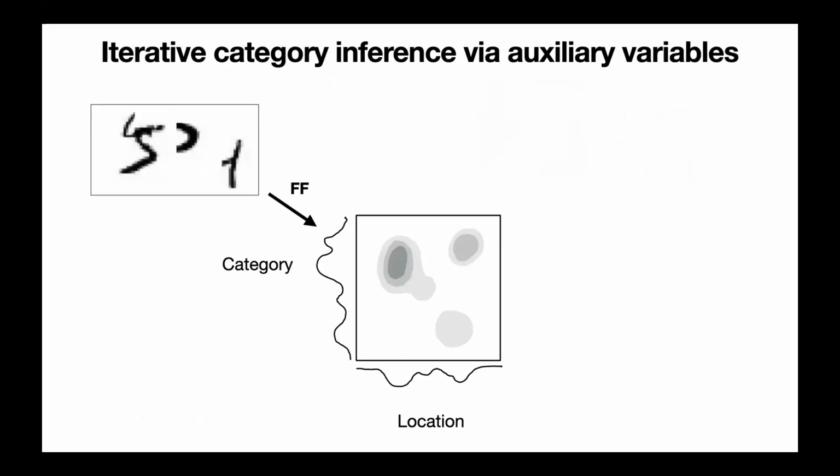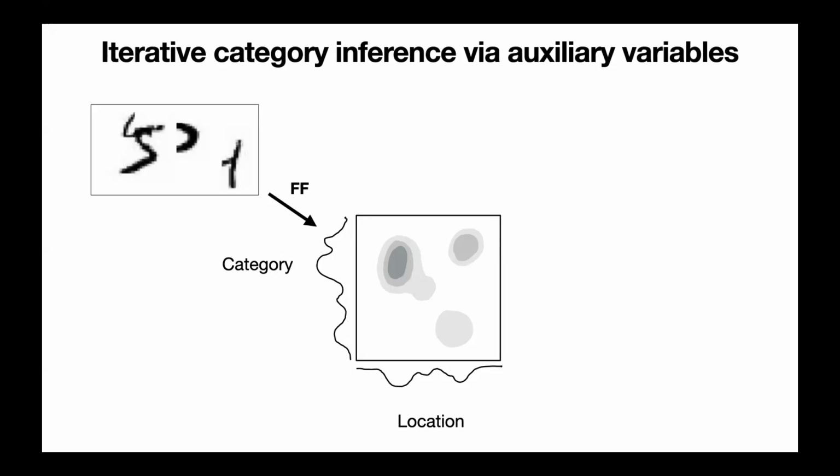So this can be seen as a joint distribution of category and location. The gray here indicates the amount of evidence for an object being there. Based on this noisy picture, you have something that looks kind of like a 5, something that looks kind of like a 1, something on the right, something on the left.